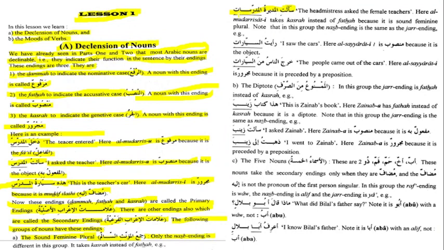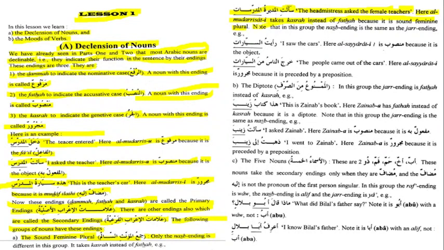This is maf'ulun bihi, and it is mansubun, but it is mansubun with a kasra because it is jam'u muannas salim. The headmistress asks the female teachers. So that's the translation. Here, al-mudarrisat takes a kasra instead of a fatha because it is sound feminine plural.